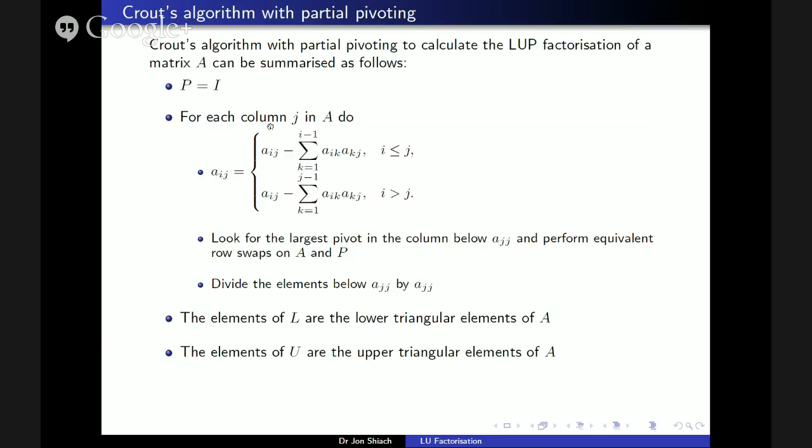You do that for each column. When you've finished, you're still working with matrix A. The elements of L are just the lower triangular elements with ones on the main diagonal. The elements of U are the upper triangular elements, and your P is whatever row swaps you applied.